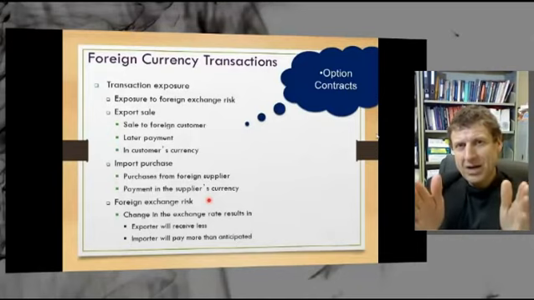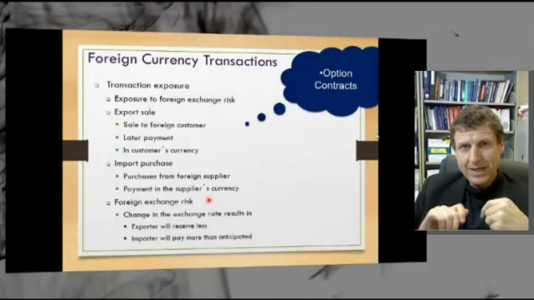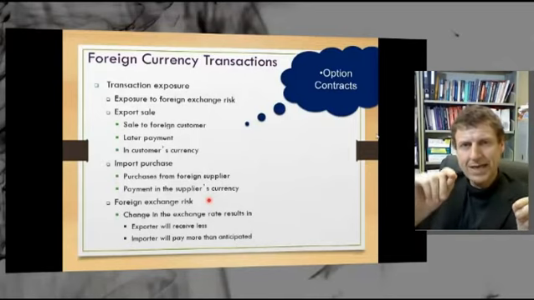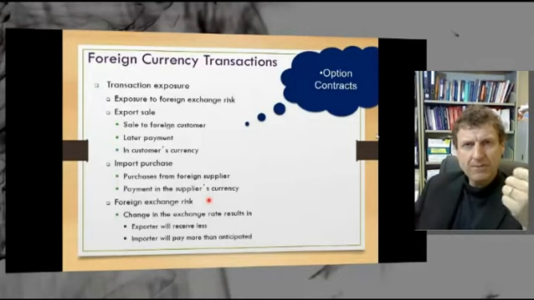And it's that time in between, that uncertainty where the foreign exchange could change, that you want to protect your company from any adverse changes in that foreign exchange risk. Now, you cannot protect it 100%, but you can protect a lot of that variation by using a forward contract or an option contract.